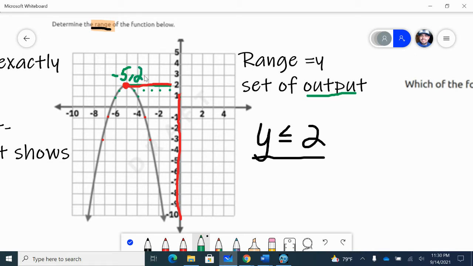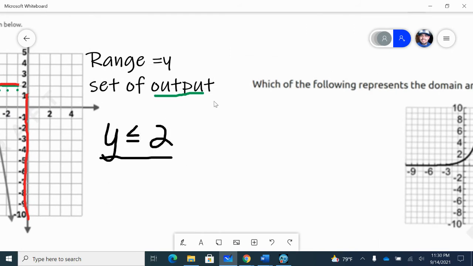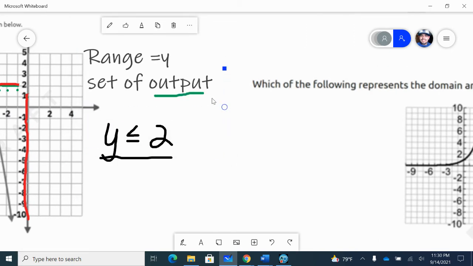Again, I apologize. Oh my goodness, I'm doing this in something completely different. There it is. So that is the point negative 5, 2. This is the highest y value. Everything else is below it. So your range is the y's, anything less than or equal to 2. All right, let's go to the next one. Oh, sorry about that.